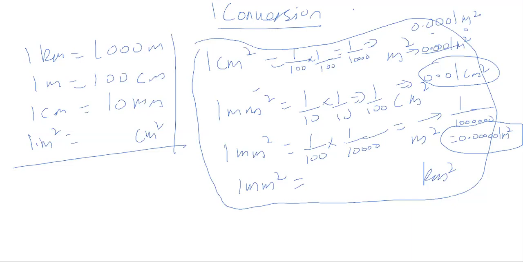And lastly, 1 millimeter square is equal to how many kilometer square? Similarly, again the same process. 1 millimeter is equal to 1 over 100 centimeters. Multiply by, in centimeters to meters, 1 over 4 zeros. And then at last you know that 1 meter square is equal to 1 over 1000 multiplied by 1 over 1000 meter square, which makes 1 over 6 zeros.